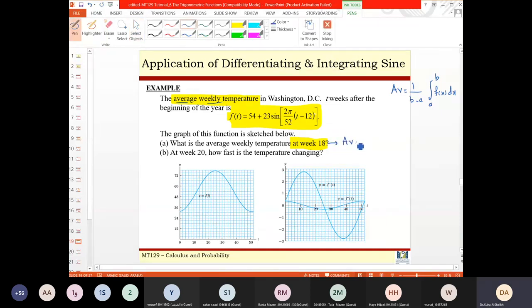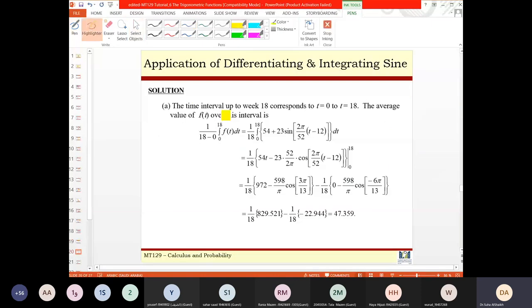The average value in this case is equal to 1 over 18 minus 0, from week 0 to week 18, the integration from 0 to 18 of f(t). This is the average weekly temperature.